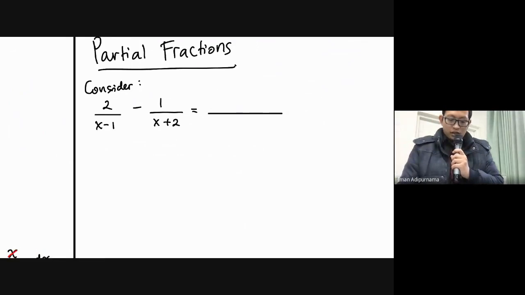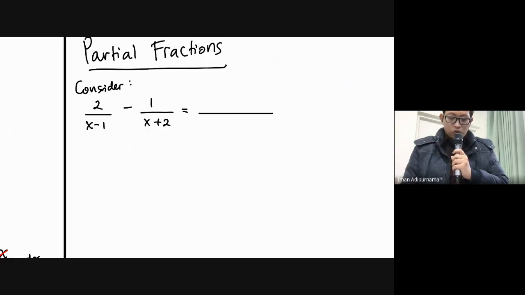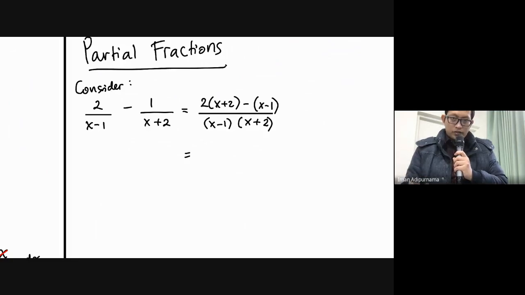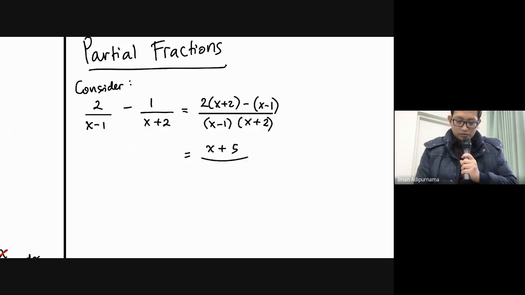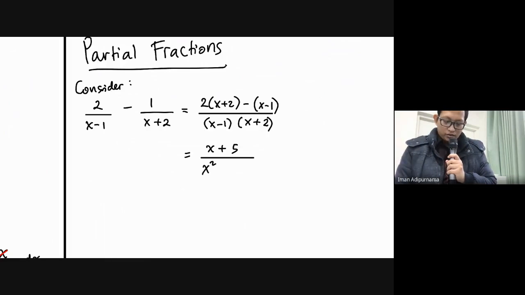You can solve it and make it into one big fraction, and you get x plus 5 over x squared plus x minus 2.